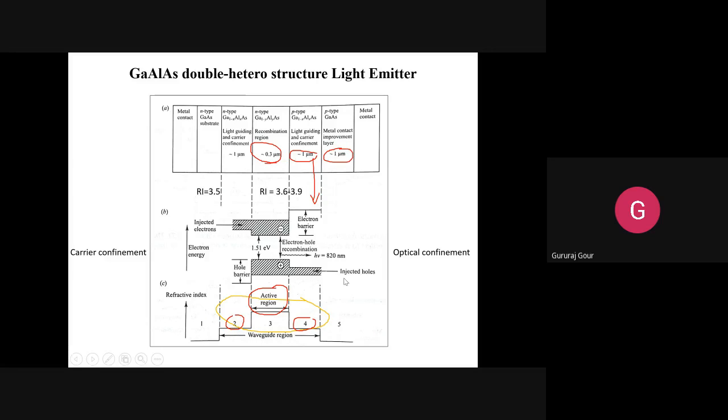Here also the holes are injected. From where are the holes coming? From the P type, this one. So that's why this is known as light guiding layers and carrier confinement.